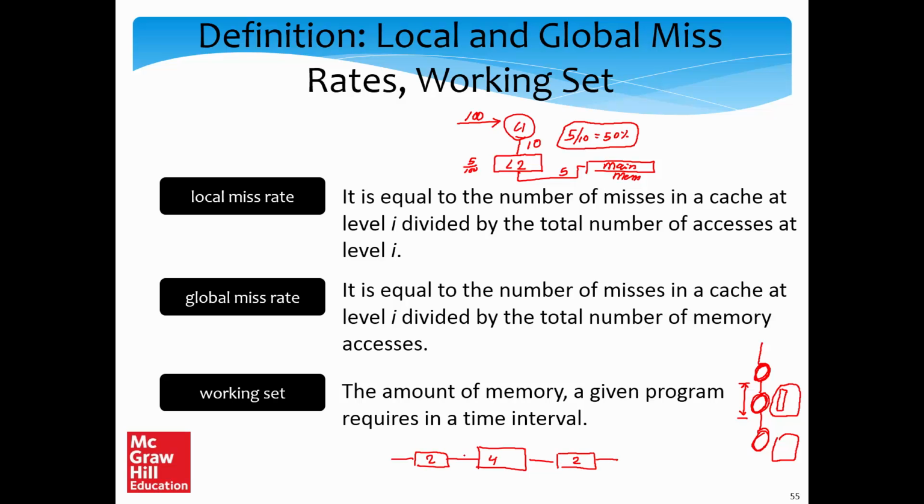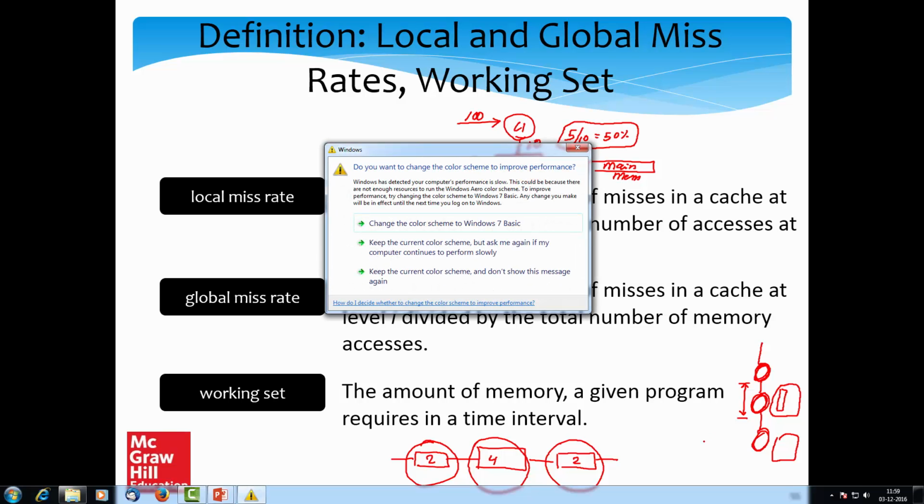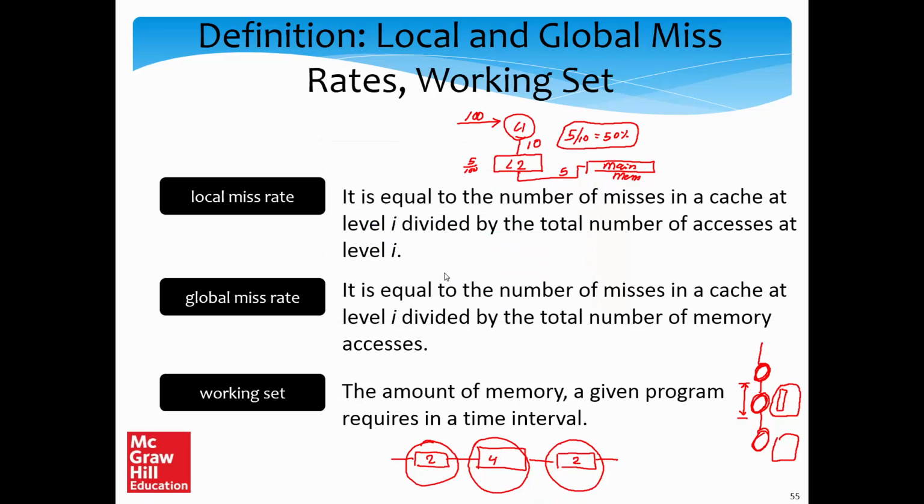So at this point in time the working set is 2 megabytes, at this point it is 4 megabytes, then 2 megabytes, and so on. This is an approximate definition, there's nothing formal about it, but roughly, in a small time interval in the execution of the program, the amount of memory that is accessed is called the working set. What we want is for the working set to fit in the caches, so that most of the data that a program requires is available in the caches.